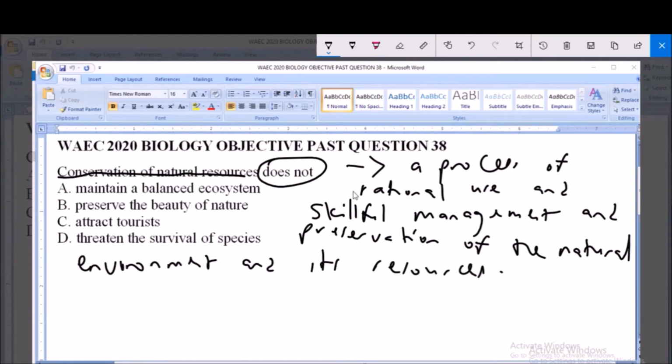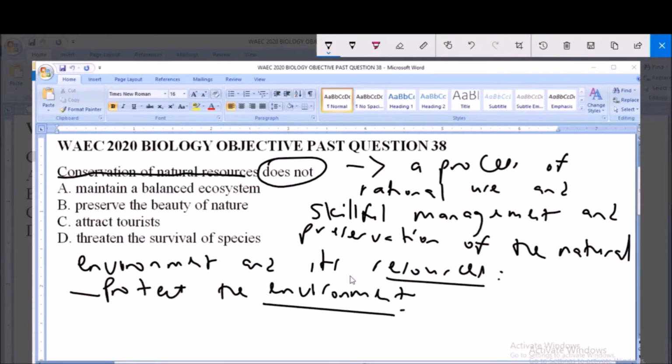So you can see that in conservation of natural resources, what you are trying to do is to protect the environment and all the resources contained in the environment.